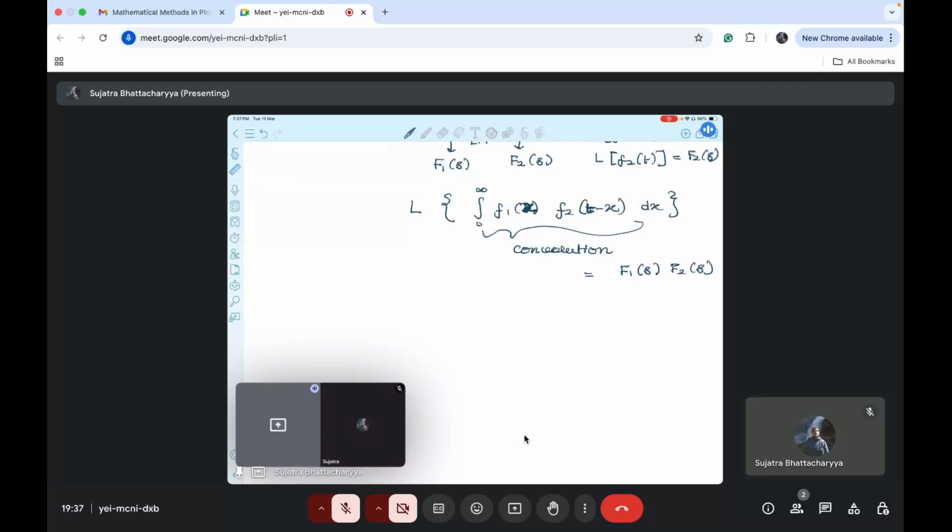But if you take a Laplace transform and find F1(s) and F2(s), and you just multiply these two Laplace transform functions and then take the inverse of this, you get the actual convolution. So that's the power of the convolution or the Laplace transform. Okay.